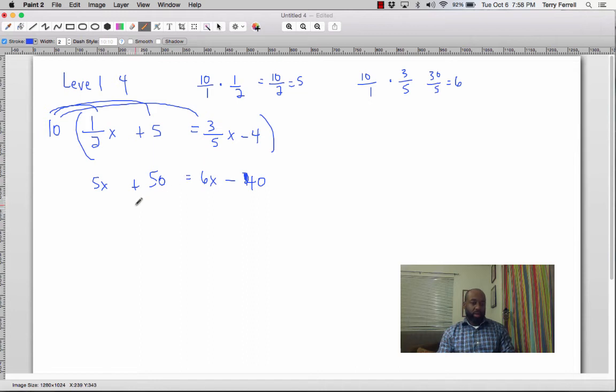Alright, so here I want to subtract, now it's regular. So let's subtract 50 on both sides. So now you have 5x equals 6x minus 90. And then subtract 6x.